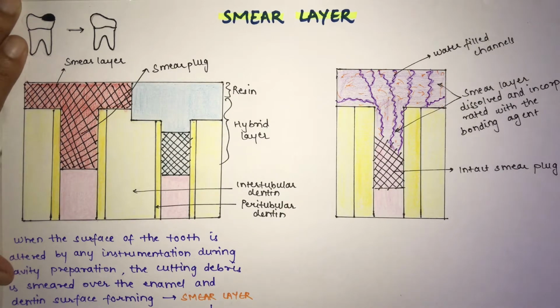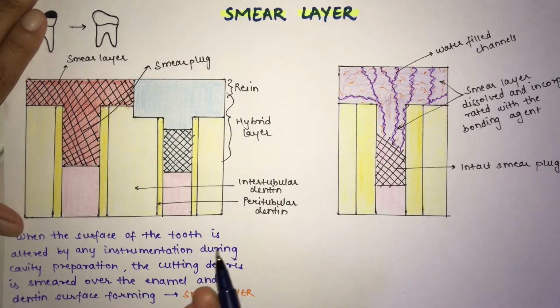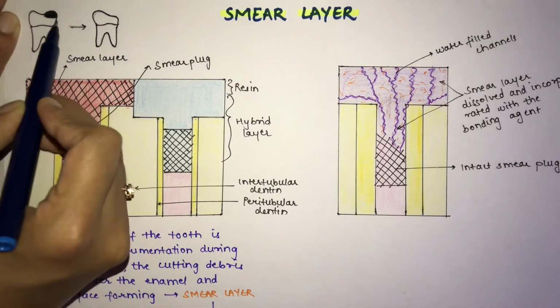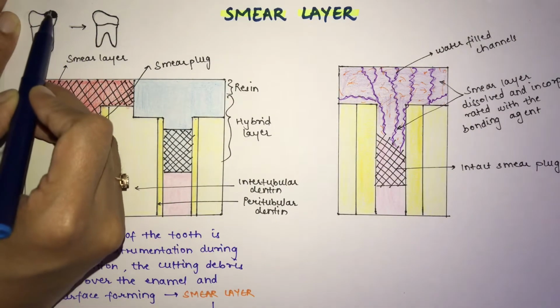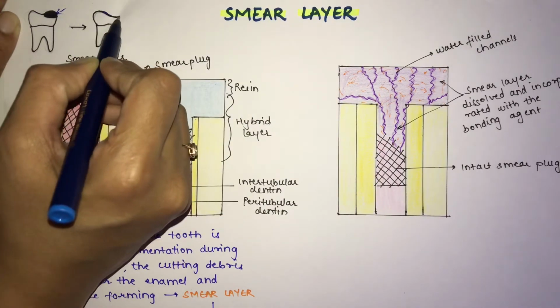So smear layer is defined as when the surface of the tooth is altered by any instrumentation during the cavity preparation. Over here, this is the tooth which has this carious lesion. When you are removing this carious lesion, this is basically your cavity preparation.